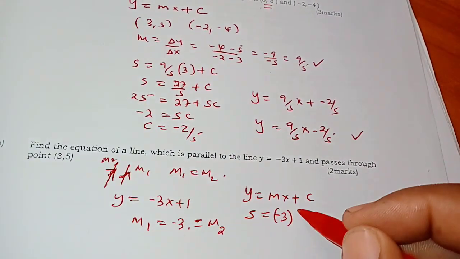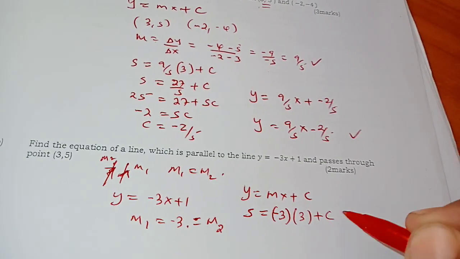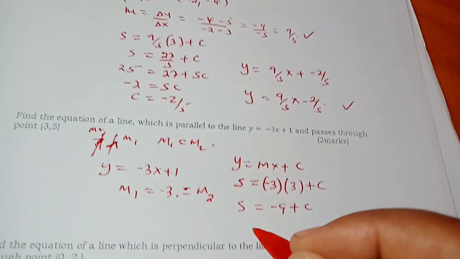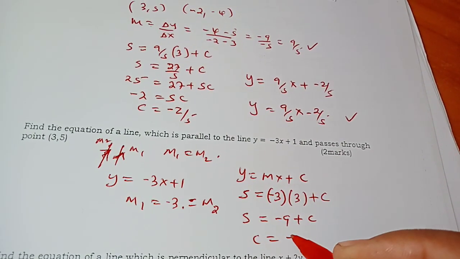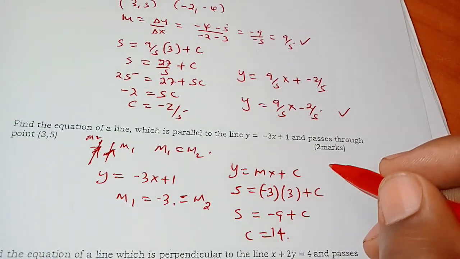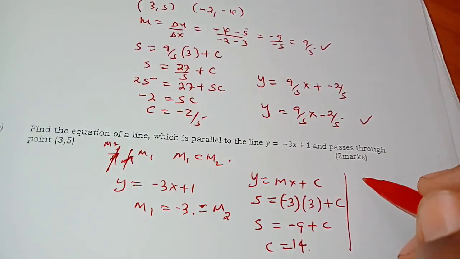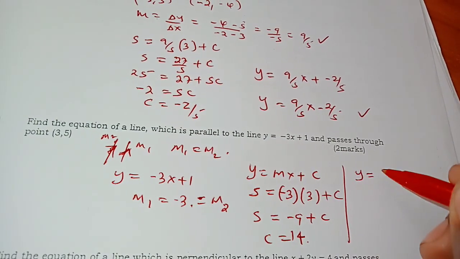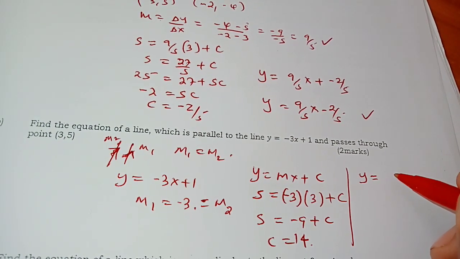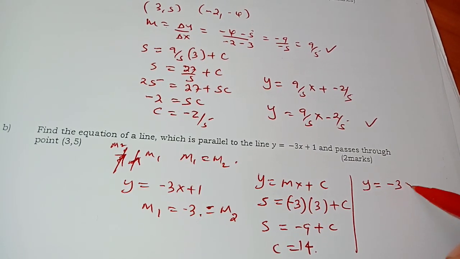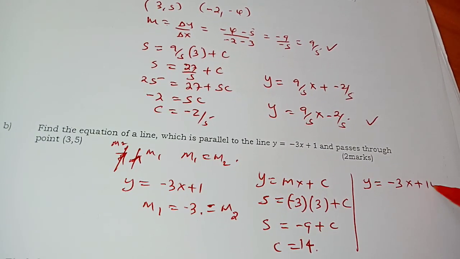So 5 equals 9 plus c, and so c is nothing but -4. Now we need to get the equation. Substituting, we maintain y and x, so m is 3, then x, then plus c.